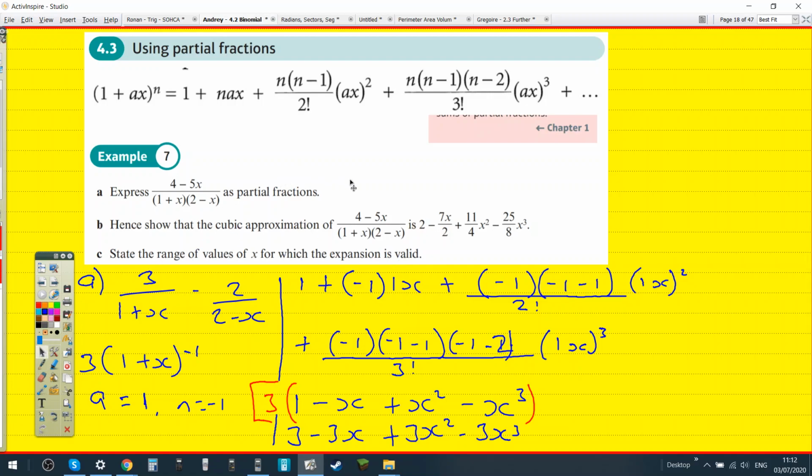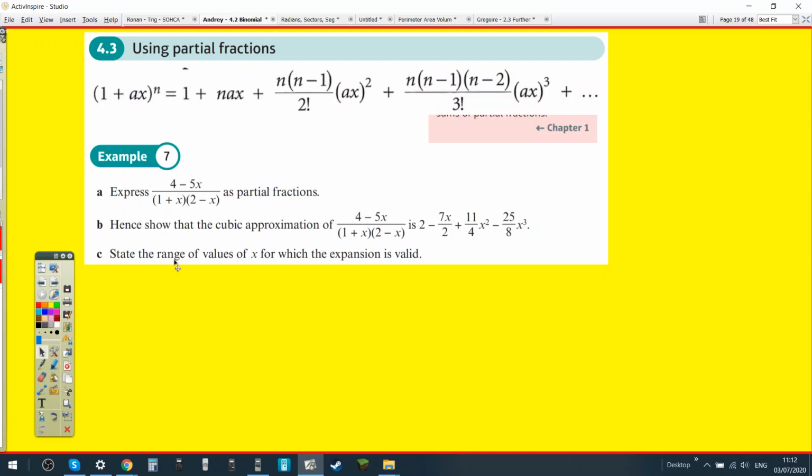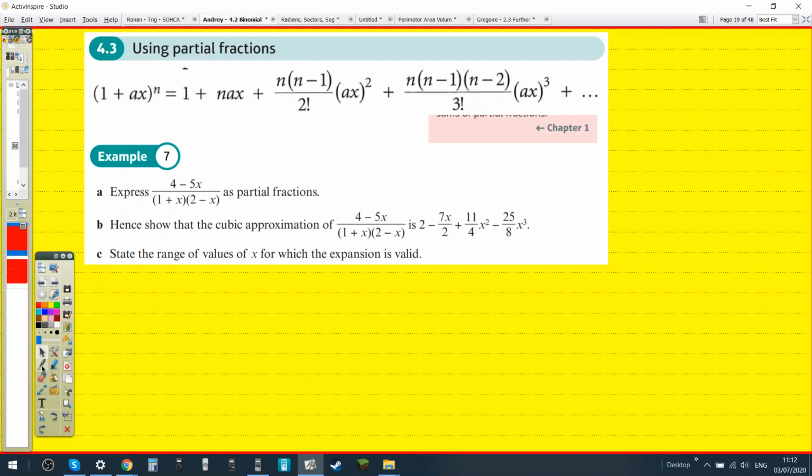Yeah. So this was 2 times 2 minus x to the minus 1. And then, will it be a is 2 and n is minus 1?